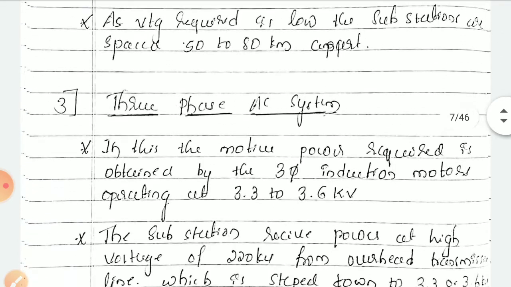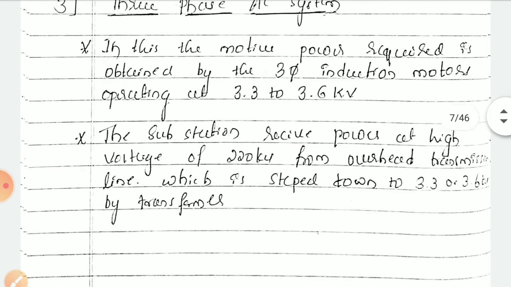Another is the three phase AC system. In this system, the power required by the locomotive is obtained from a three phase induction motor operating at 3.3 to 3.6 kilovolts. Once again the power is drawn from the overhead transmission lines, but in this case we use three phase motors, so three phase power is drawn from the overhead line.